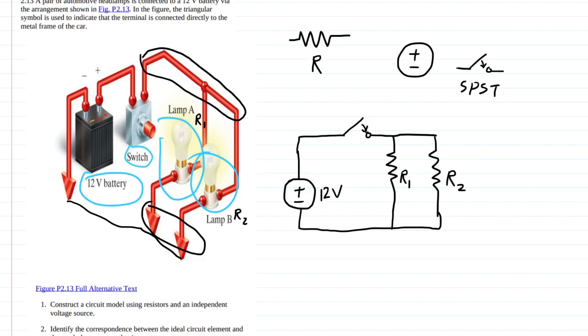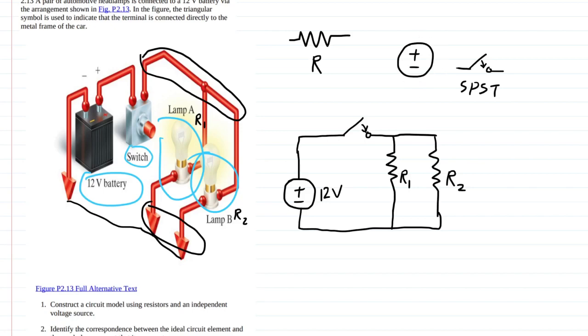So we can identify the correspondence between the ideal elements and the symbol each component represents. Well, like I said before, a battery generally is going to have this very low internal resistance, especially relative to the load that it's driving. So we can model that battery as an ideal voltage source.